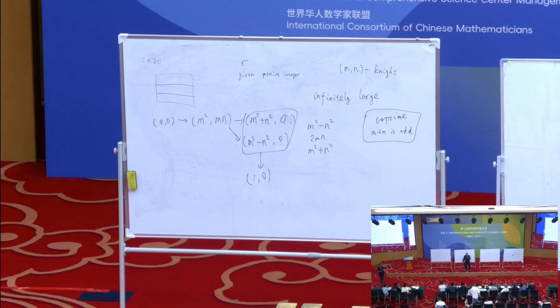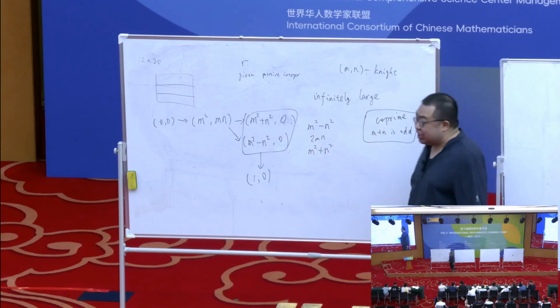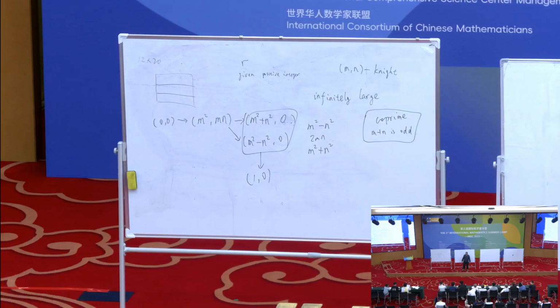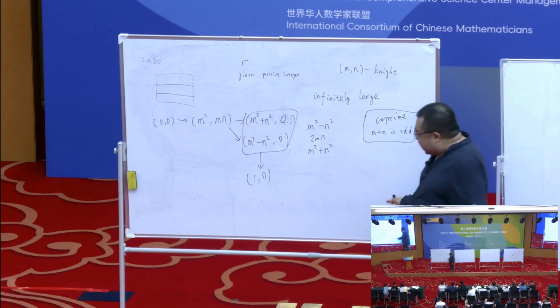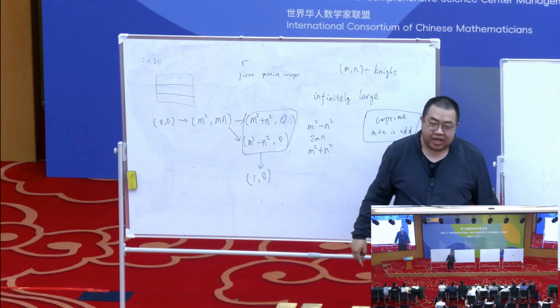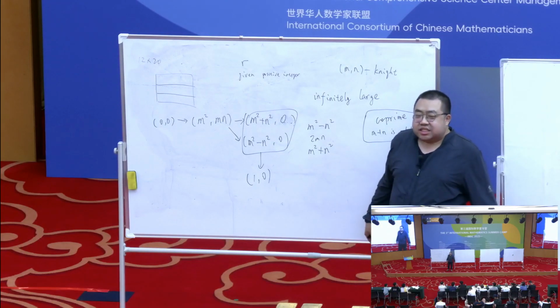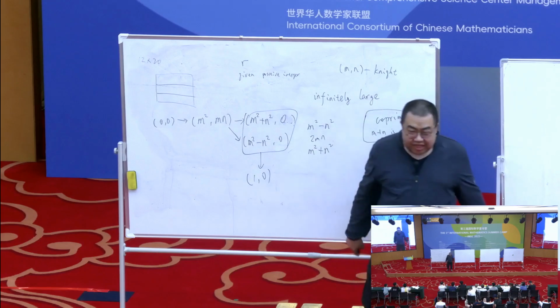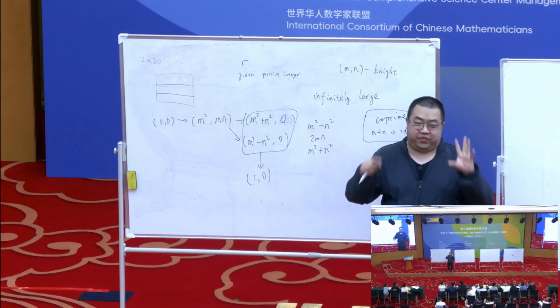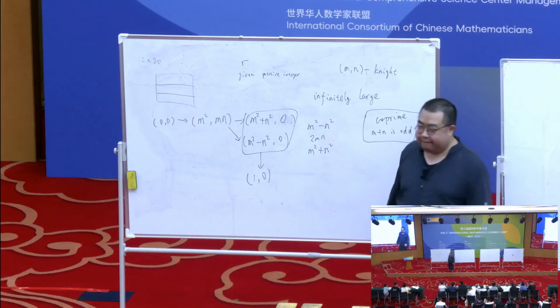And therefore, you can move to an adjacent square. So this proves that these conditions are also sufficient. But this is the case for the infinitely large board. Something may be different if the chessboard is finitely large.